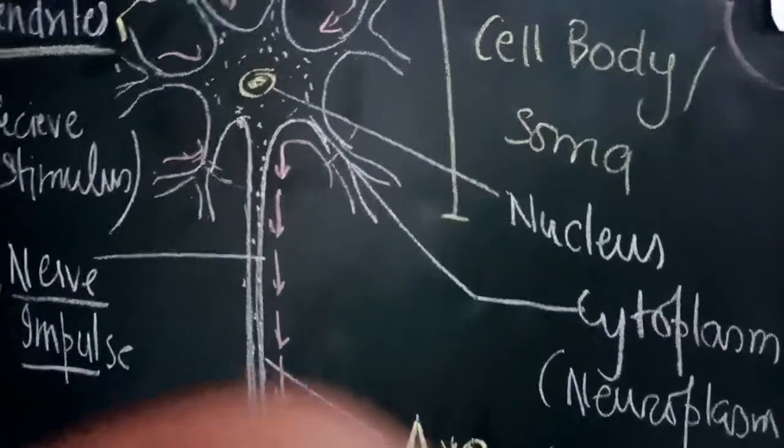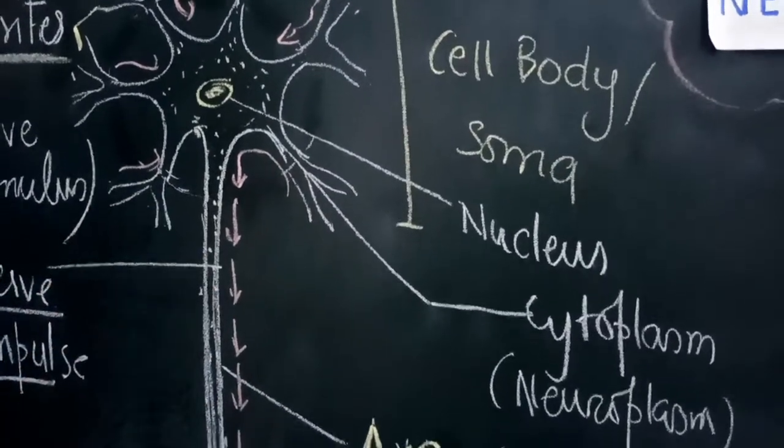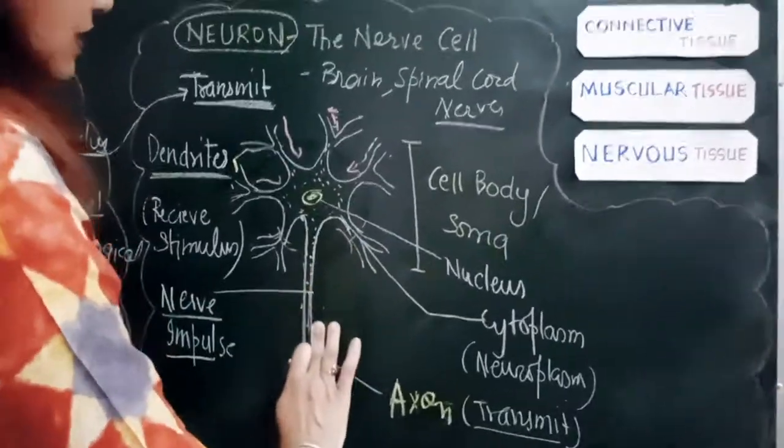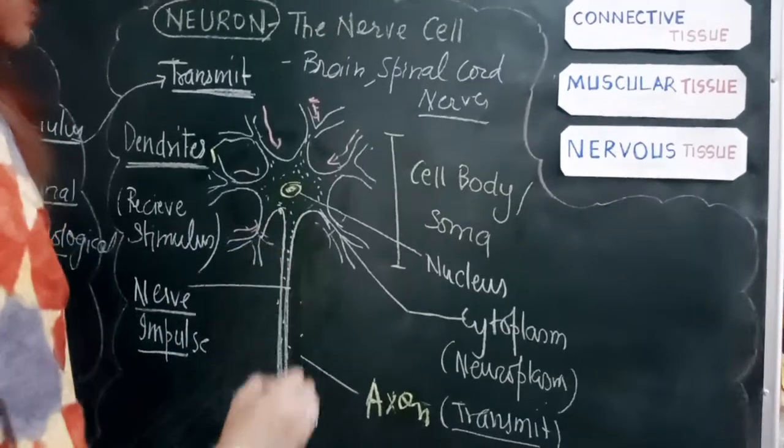Now there is a very beautiful mechanism. We want the rate of transmission of nerve impulse to be faster. So there is an insulating layer that is present around the axon.